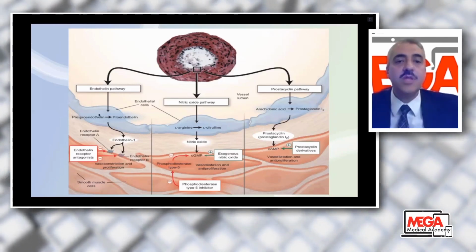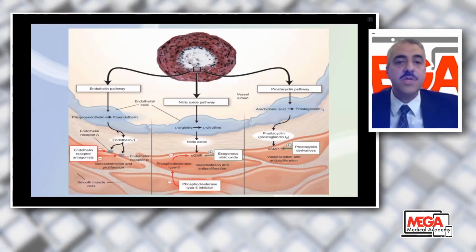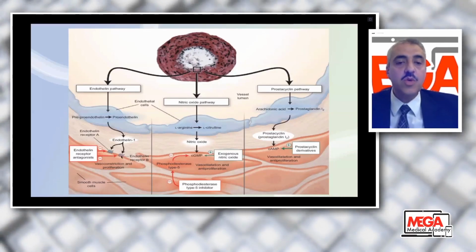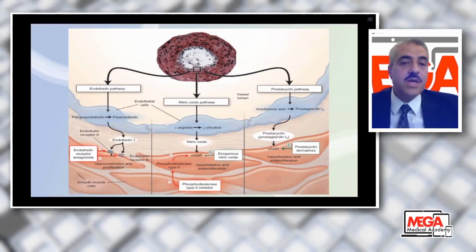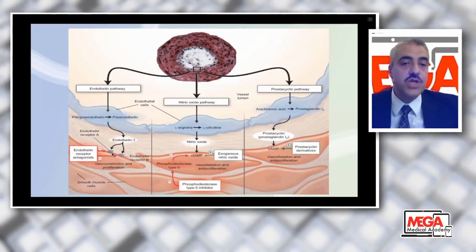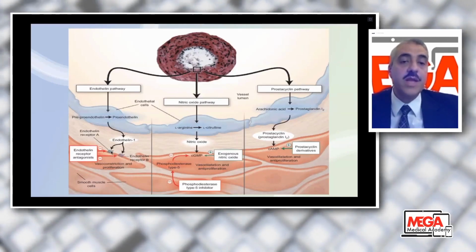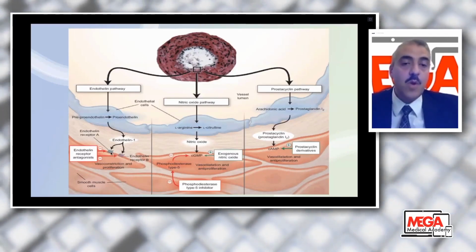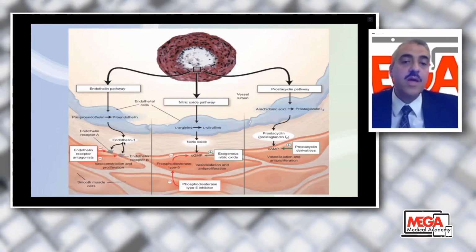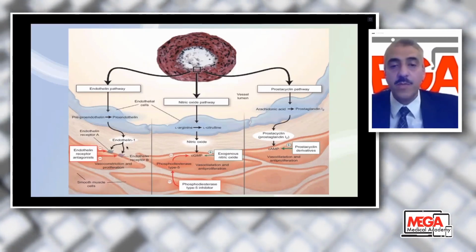Endothelin is produced in the endothelium and then passes inside the arteriole to exert its vasoconstriction effect through endothelin A and B receptors. Blocking these receptors will block the effect of endothelin 1.